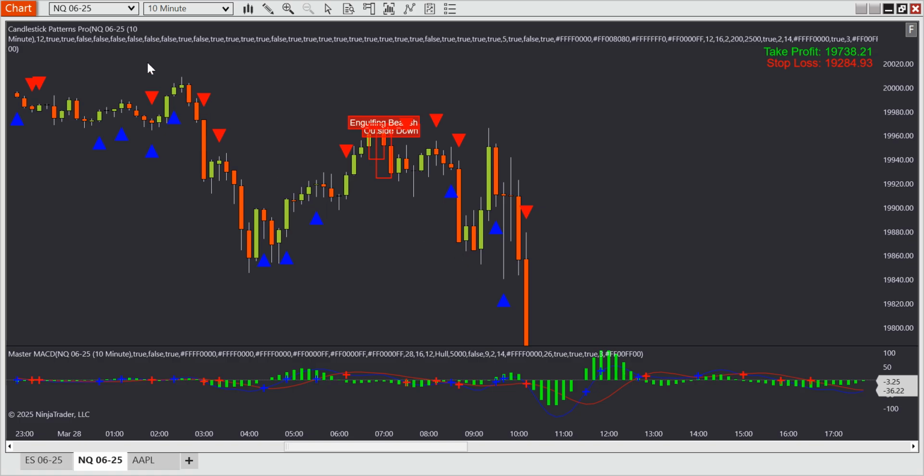And then here in this example, we're on the NASDAQ 10-minute chart with Candlestick Patterns Pro and another Indicator Vault one, the Master MACD. As we can see here, we've got two bearish patterns, engulfing and outside down patterns, overlapping here.